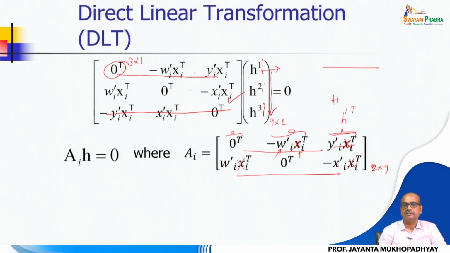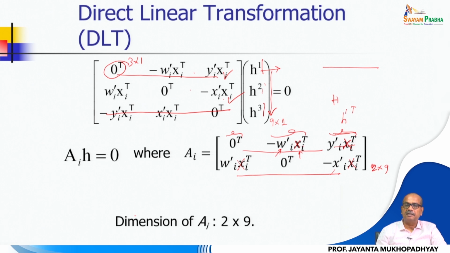So some notational ambiguity is there. You consider this representation: the italic notations are meant for scalar values, and the other notations should be taken as vectors. So each row is of dimension 9, which means there are 9 columns, so it is 2 cross 9. And this H is 9 cross 1. So the dimension of Ai is 2 cross 9.